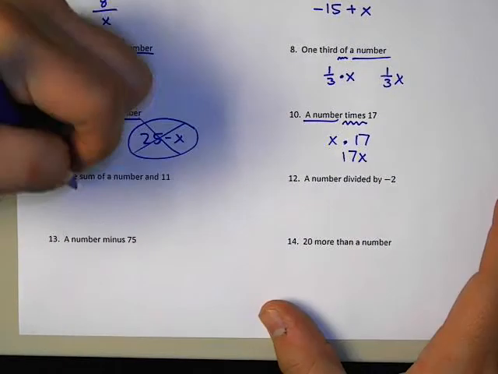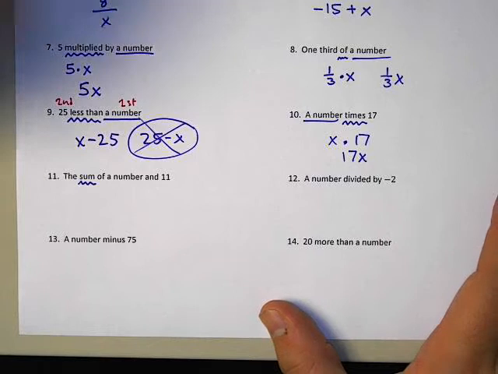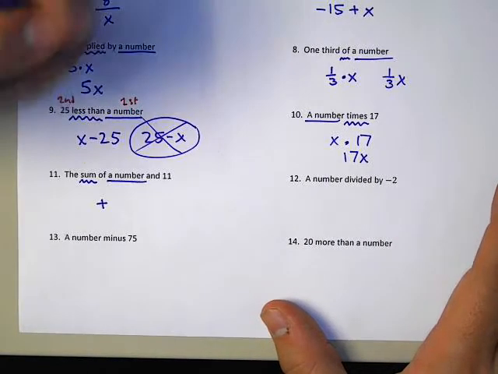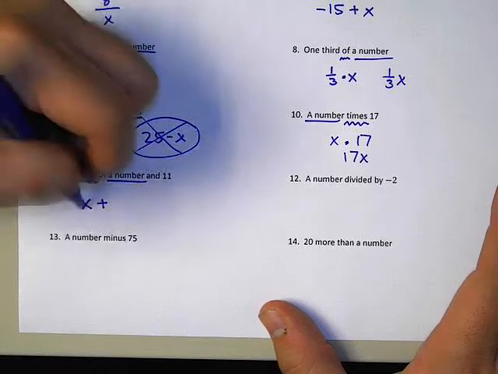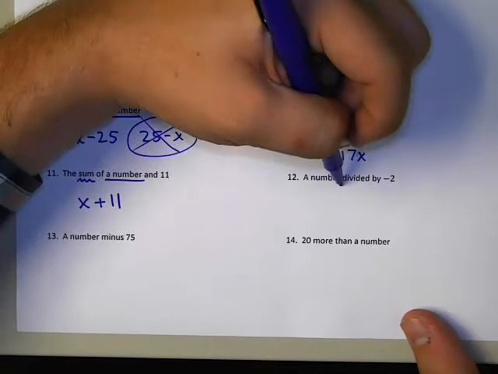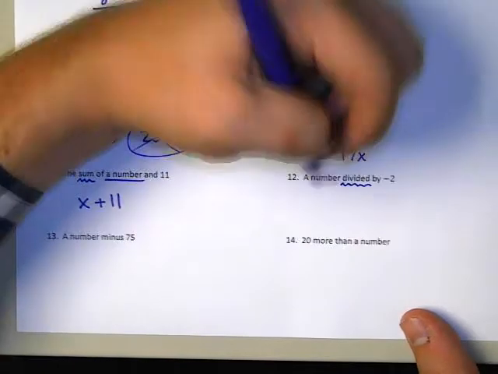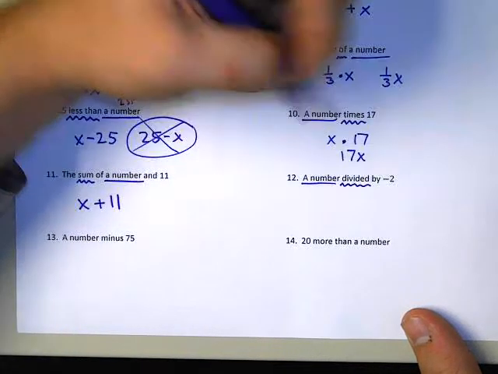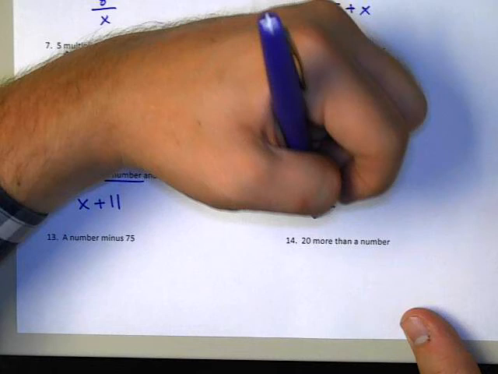Moving right along, the sum of a number and 11. Sum, that's plus. So I'm adding x, and I'm adding 11 to it, just like that. A number divided by -2. Divided by means I'm going to have top, bottom in the order that you think. So x over -2.